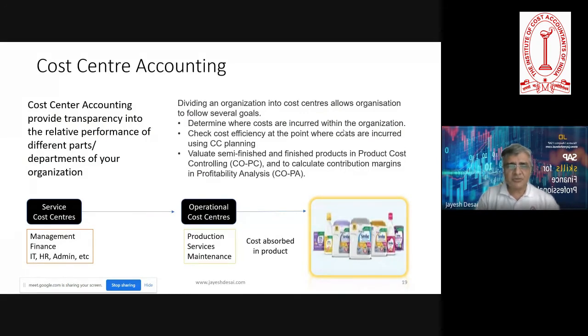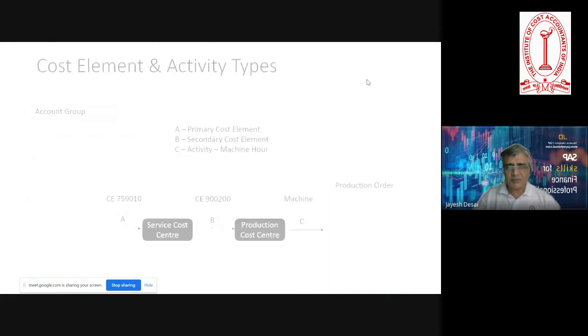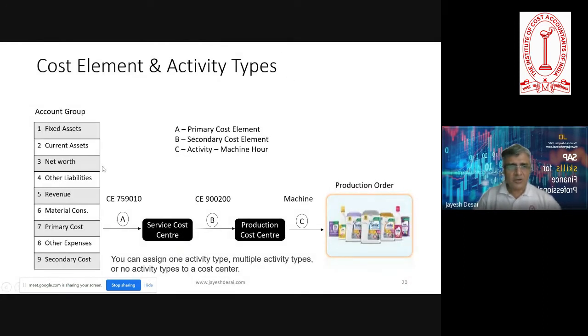We also understood the relationship that a general ledger account has with the primary cost. We also looked at S4 HANA, and how it is handled differently compared to ECC. Then comes the flow of value from your GL account to cost element into cost center, and then getting absorbed into the product.